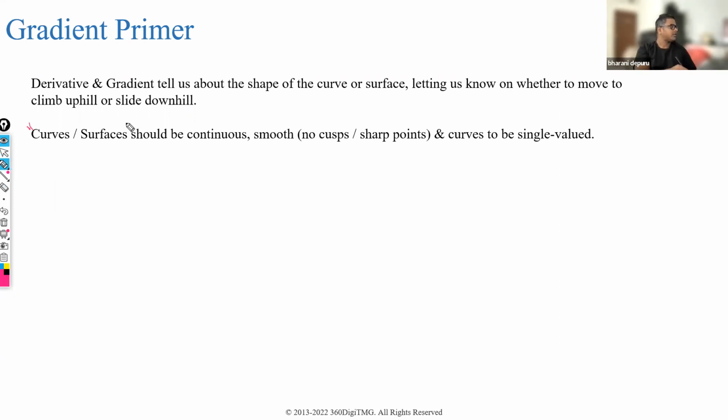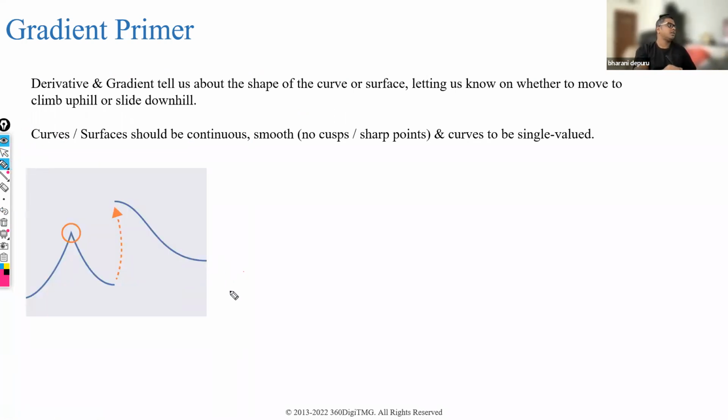And these curves or surfaces should be continuous. It should be smooth. That means you should not have any kink, no sharp points, and the curves should be single valued.